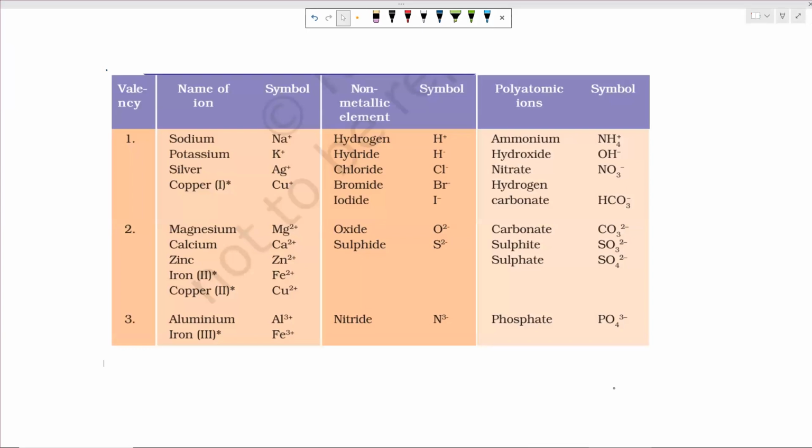This is the valency chart and the formula. You have to write each and everything in your copy properly. Don't take the screenshot. You have to write it down right now so that you can keep a memory. Sodium has a valency 1. If it is sodium and it is written with a positive sign, it means its valency is plus 1.